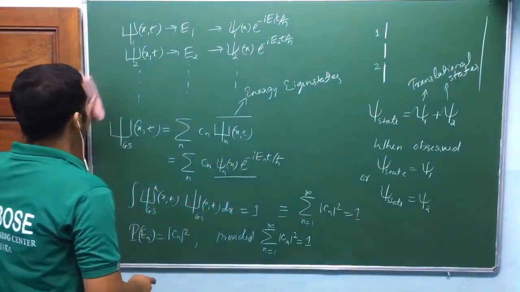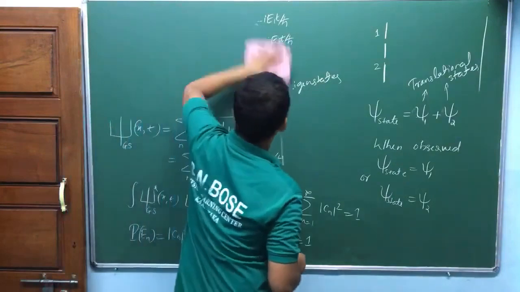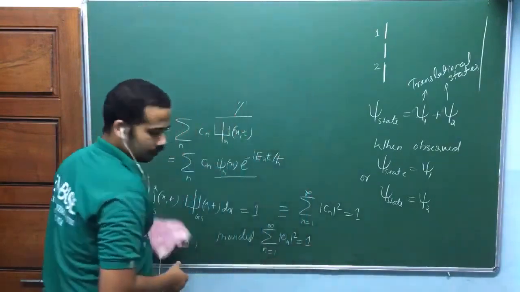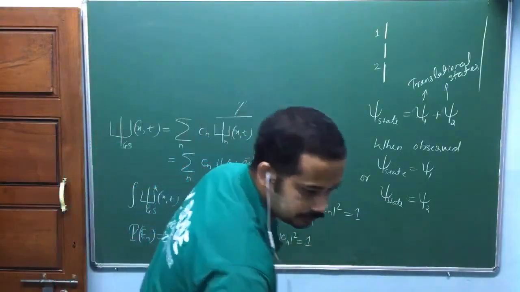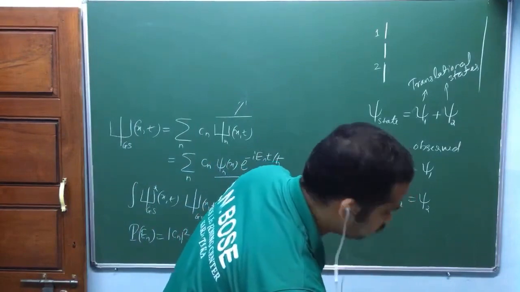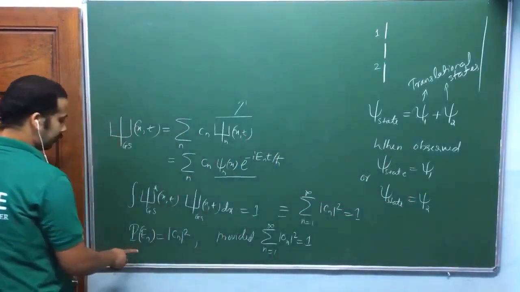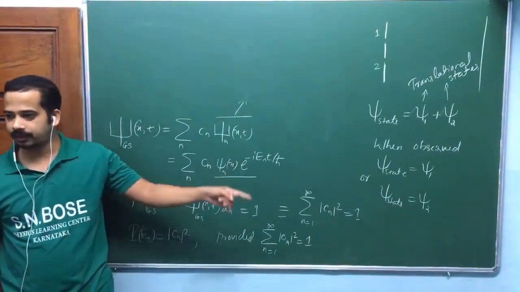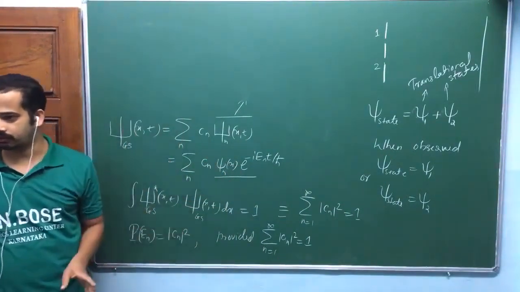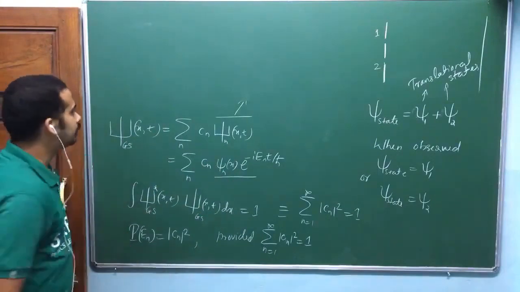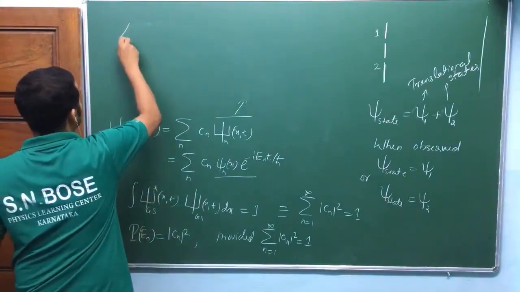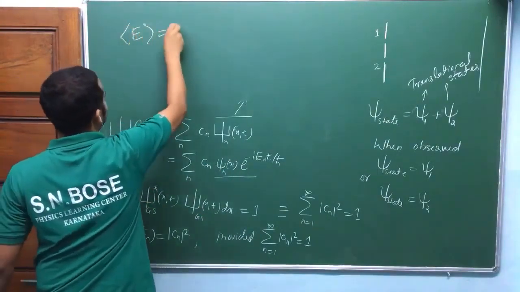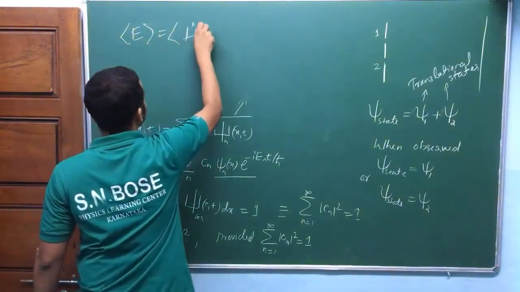Now, once you define this probability, this is a discrete probability distribution: probability of getting E1, probability of getting E2, not just like mod psi square, a density kind of thing, isn't it? So now you can define your average energy. Average energy is nothing but the expectation of the Hamiltonian.